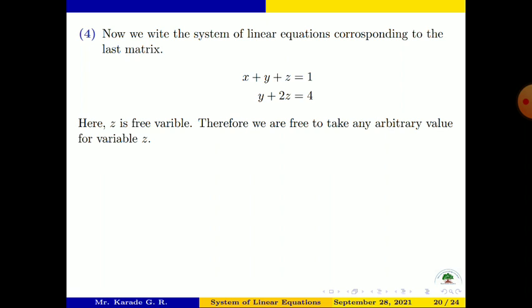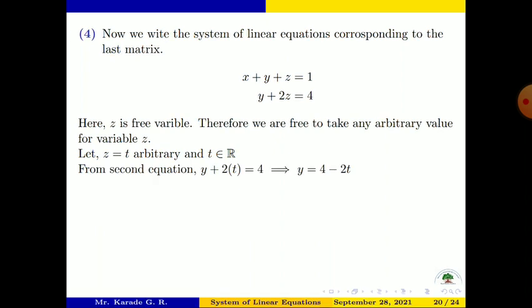So let us take z is equal to some arbitrary value t, arbitrary real number. And as z is equal to t, from second equation y plus 2t is equal to 4, that's why y is equal to 4 minus 2t.